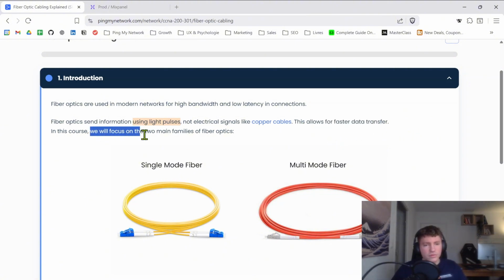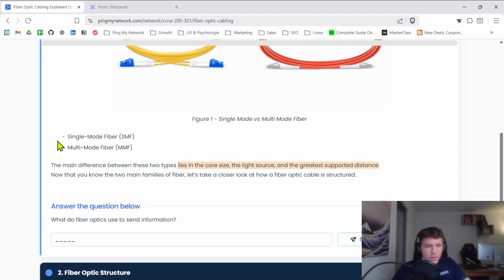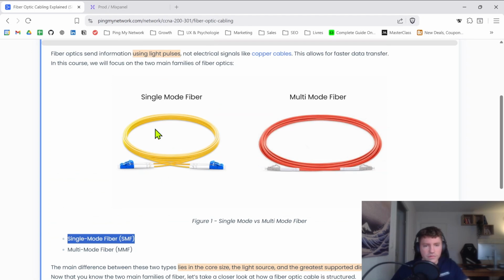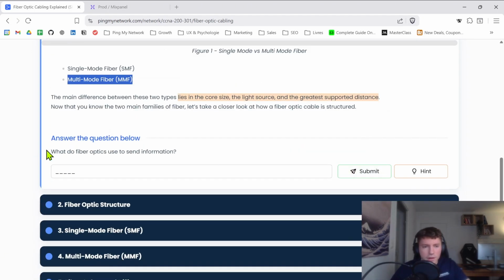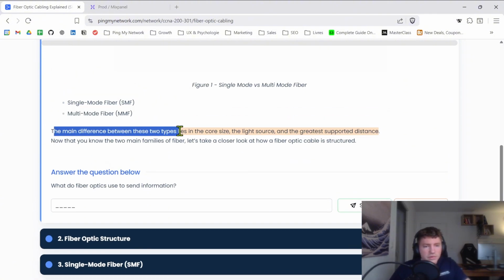These allow for faster data transfer. In this course, we will focus on the two main families of fiber optics. My coffee. So, single mode fiber SMF in yellow and multi-mode fiber MMF in red. The main difference between these two types lies in the core size, the light source, and the greatest distance.